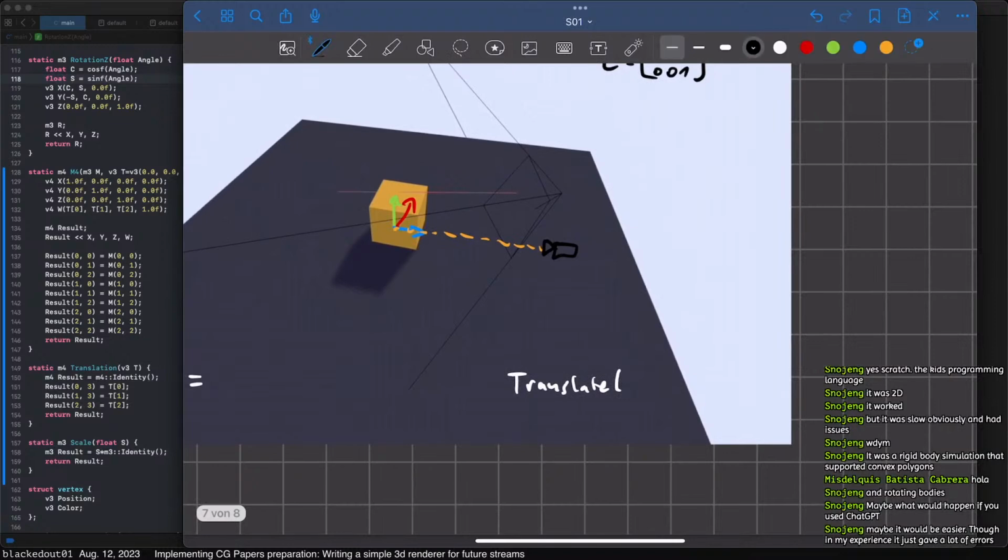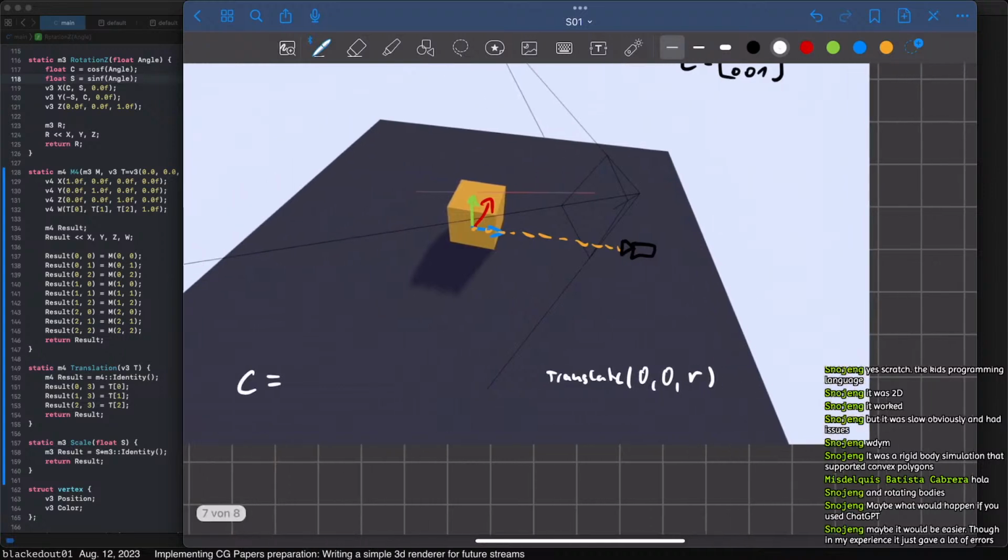I don't want to translate in X direction. I don't want to translate in Y direction. And I want to translate in Z direction. So here I input the radius, the distance I want the camera to be from the center point.